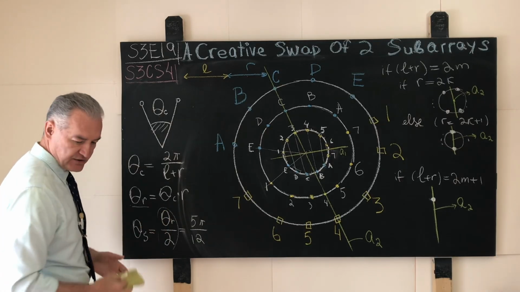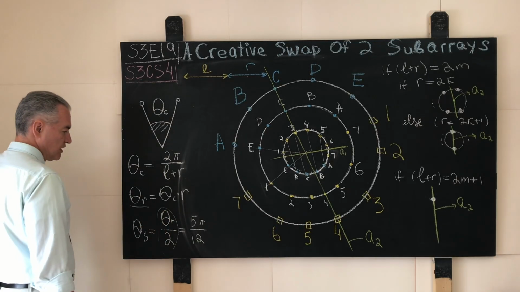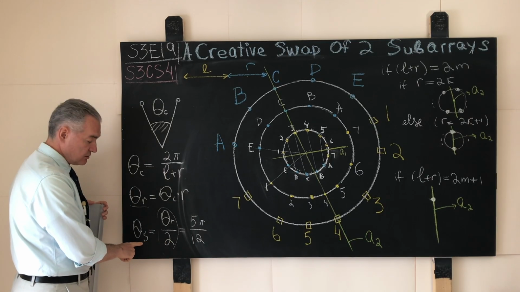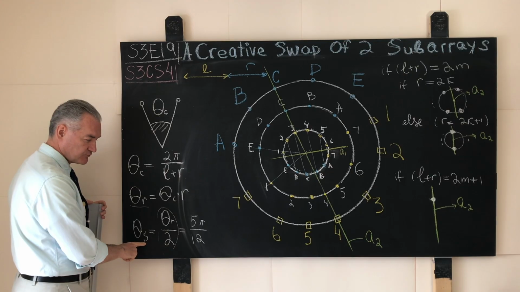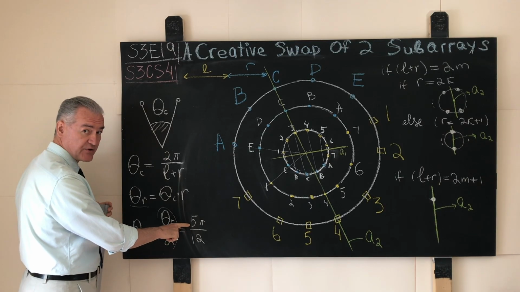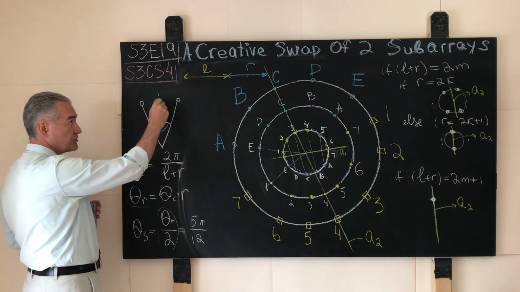Well, in this case, let me put this over here. We already computed that the solution angle, the angle theta s, in this case will be 5 pi over 12, which is basically 5 copies of 1/2 of the central angle.